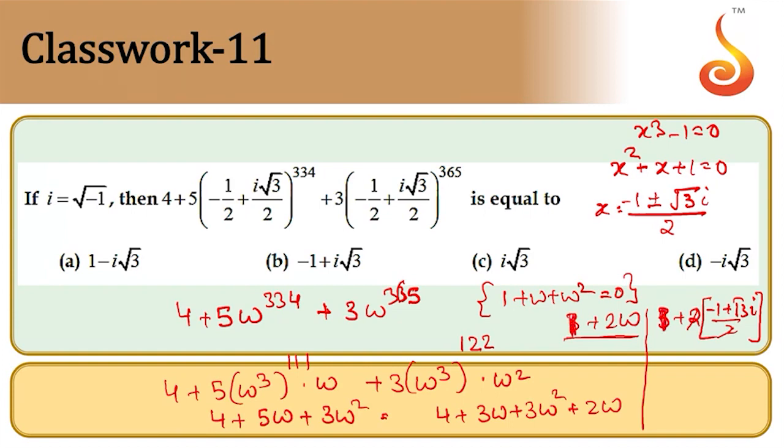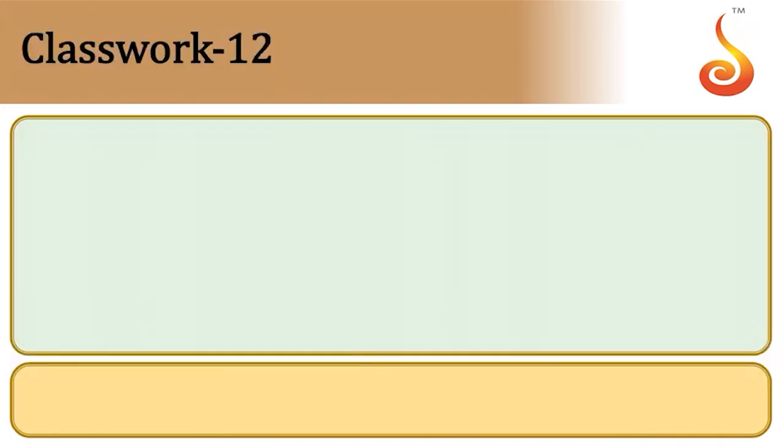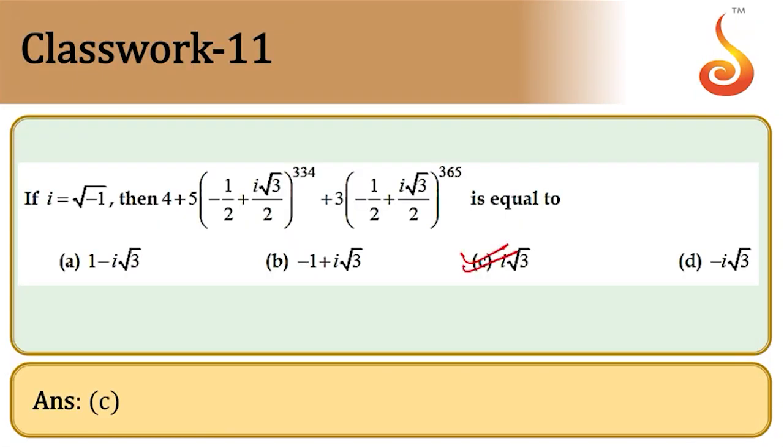Sorry, this is 1 and this is 1, so 1 and 1 will cancel. Finally you get √3 i. Option C.